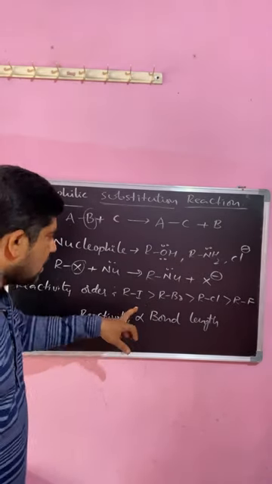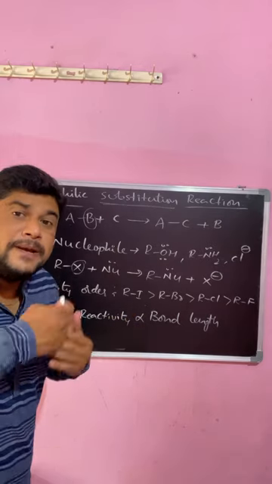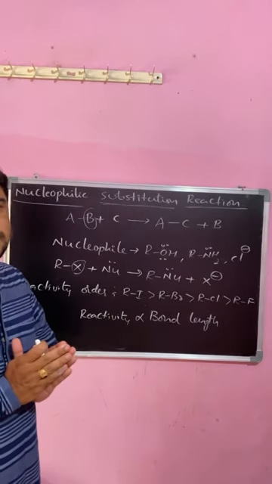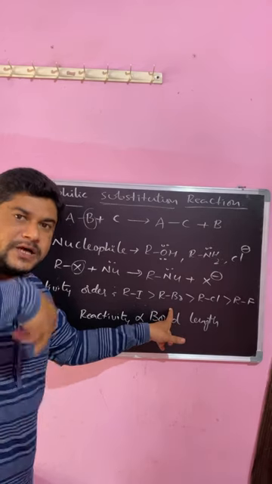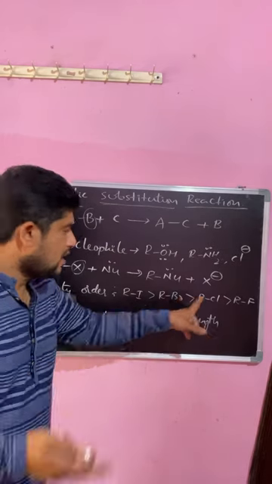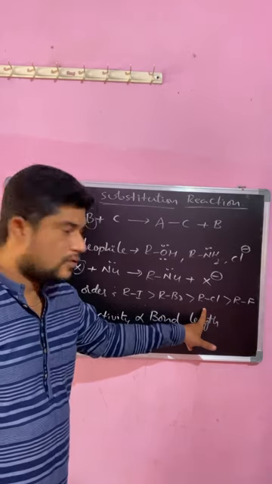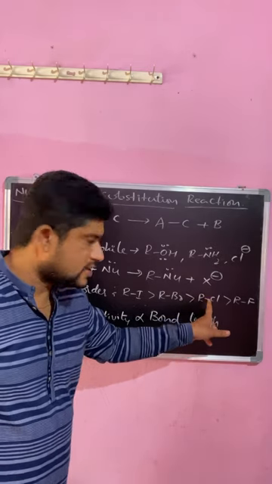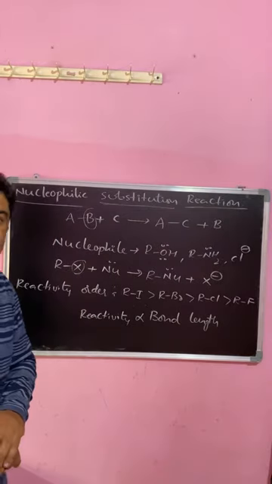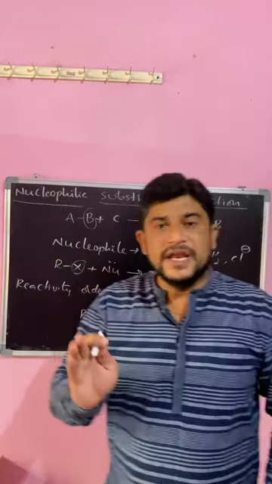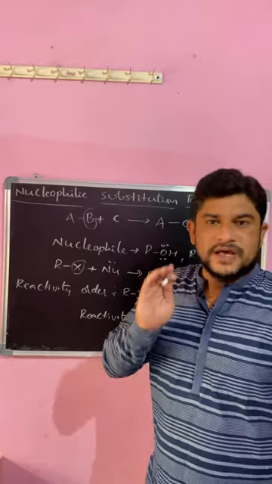That's why alkyl iodide readily participates in the nucleophilic substitution reaction, then alkyl bromide, then alkyl chloride, more readily than alkyl fluoride. This is the reactivity order of alkyl halides in nucleophilic substitution reactions.